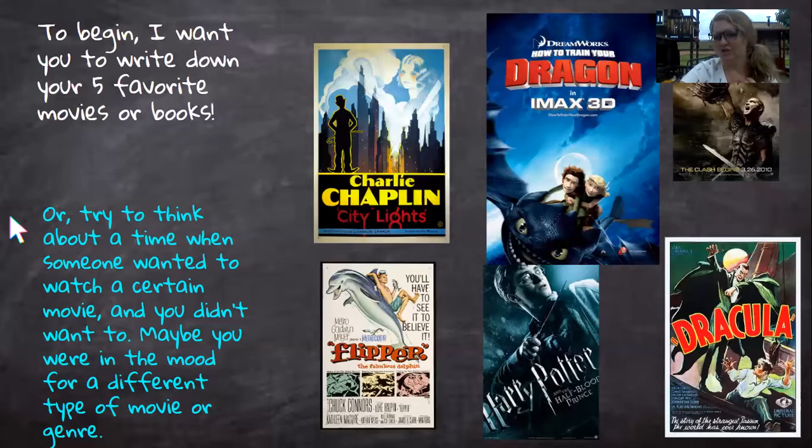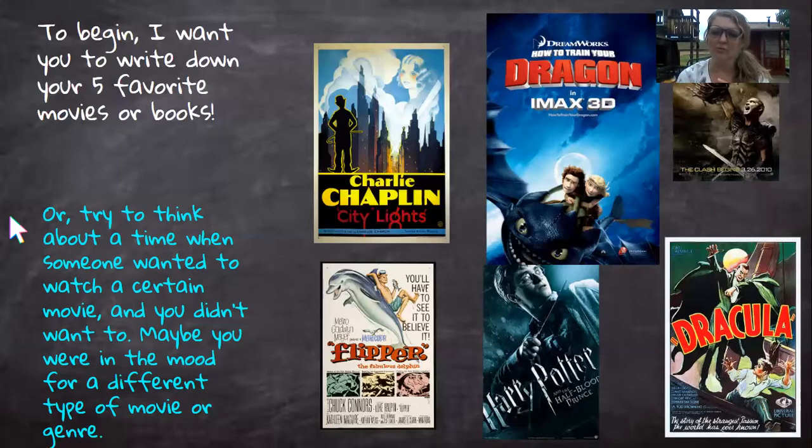Look at your list and think, are those all the same types of movies or do they fall into different categories? Do you have some comedy, maybe some cartoon movies like a Pixar movie? Do you have adventure in there? Maybe a horror movie, a scary movie?